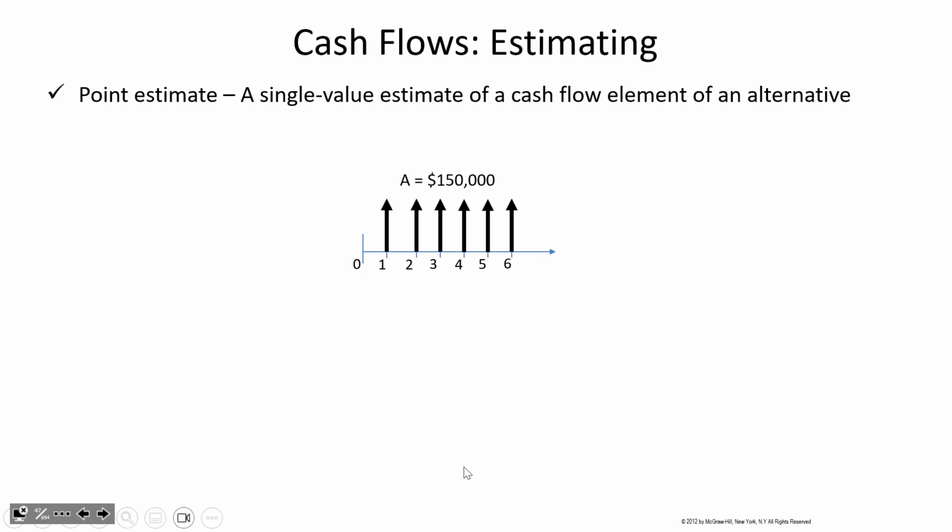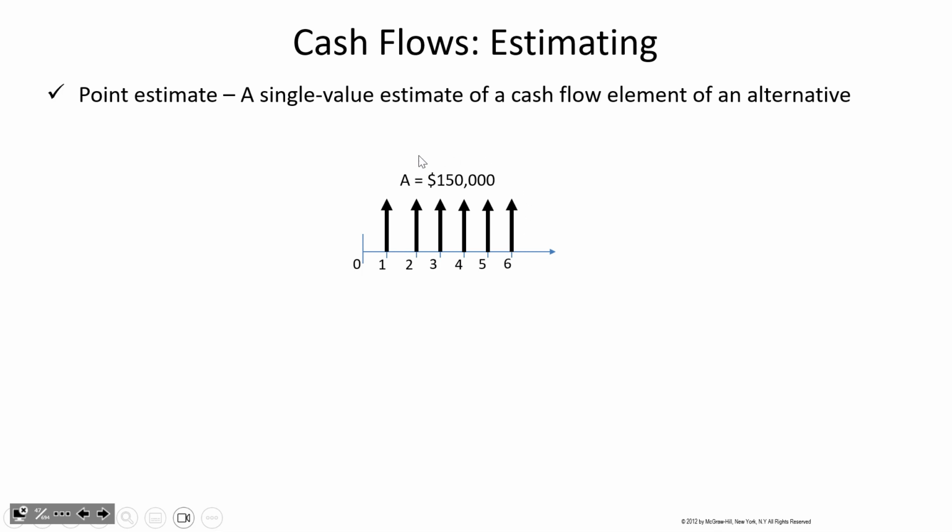So these diagrams for estimating cash flows can either be a point estimate, which is where we're saying we believe that the future revenue that we're going to receive is $150,000 each year for 6 years.